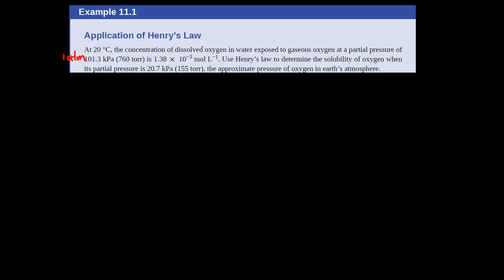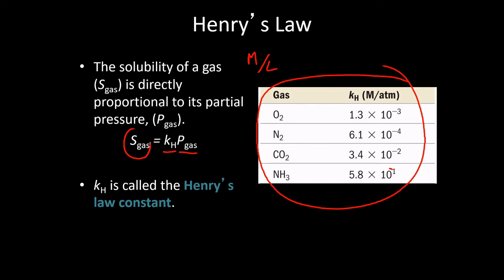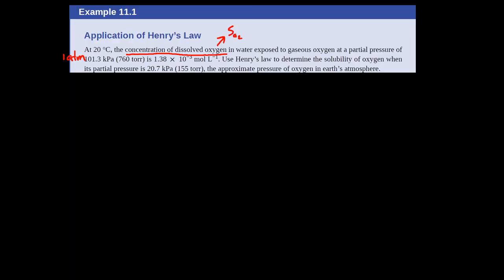We are given the concentration of dissolved oxygen in water, and maybe one of the trickier things about this question is realizing that when it says this is the concentration of oxygen, what it's really saying is that is the solubility of the oxygen. So just being able to recognize that when it says this is the concentration of the gas in the liquid, that is the same thing as saying this is the solubility of the gas. That might be the trickiest part of this question.